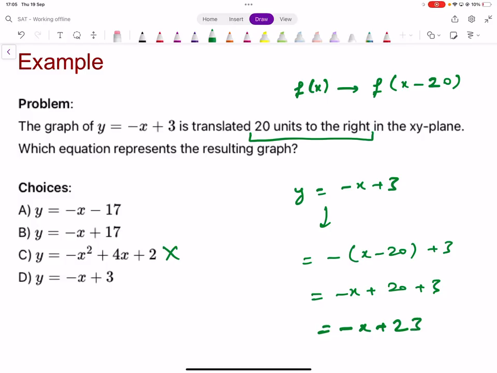Can anyone spot any error here? What's the error? Okay, let me just check if the options are messed up here. Which example is this? Where did I take this from? y equals minus x plus 3.